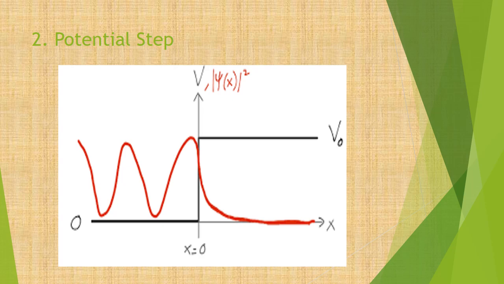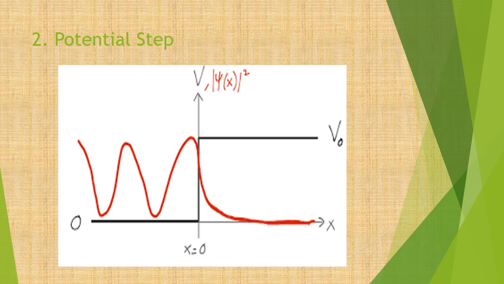So transmittance T is equal to magnitude of transmitted current by magnitude of incident current. Two cases may arise: E greater than V naught and E less than V naught.